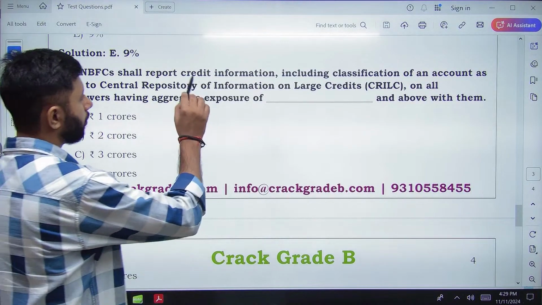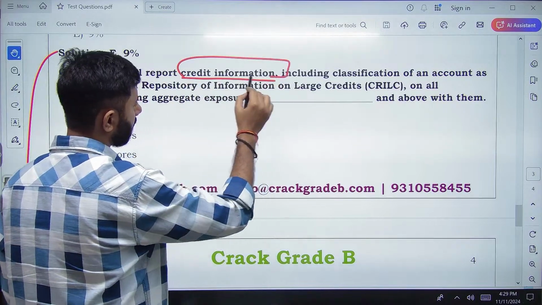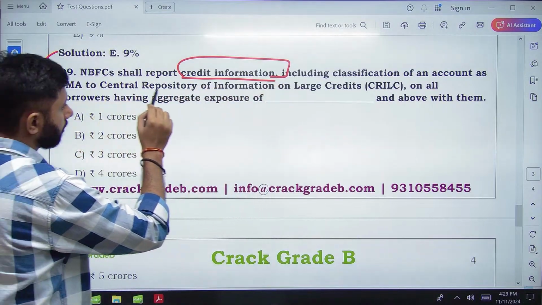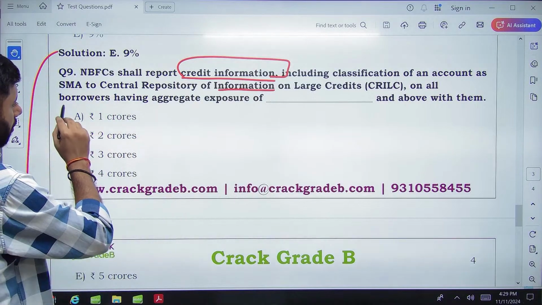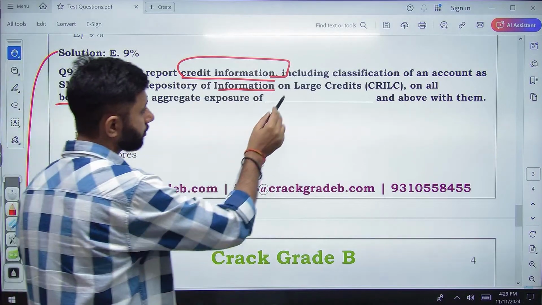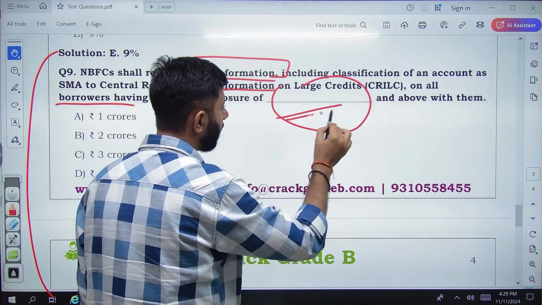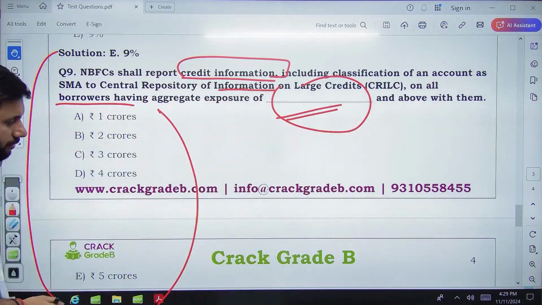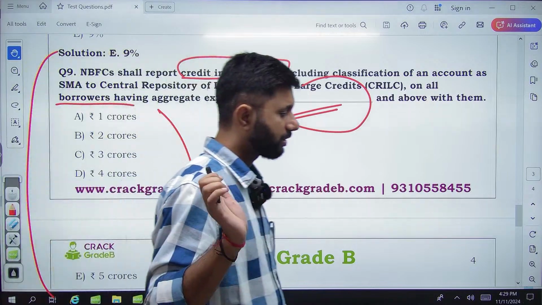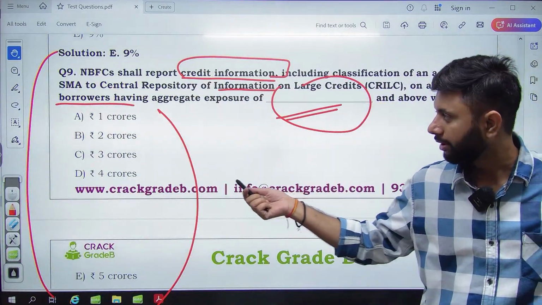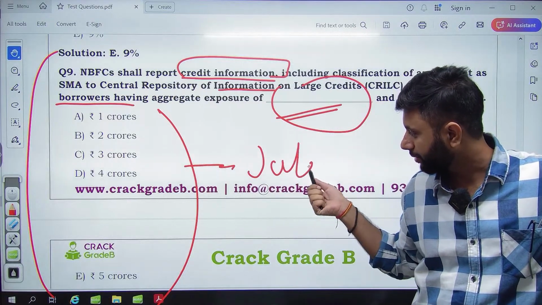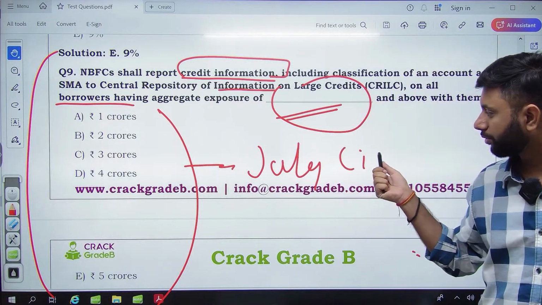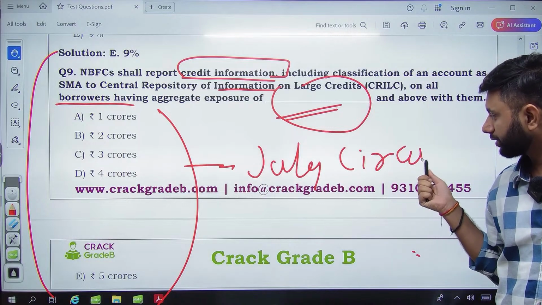NBFCs shall report credit information including classification of an account to CRILC on all borrowers having aggregate exposure of how much amount and above with them. See this, I hope all of you must have done the same thing when you were doing July circulars. अगर July circulars आप लोगों ने कर रखे हैं RBI circulars, तो आप लोगों को ये वाला फिगर भी याद होगा. What do you think is the correct answer over here?